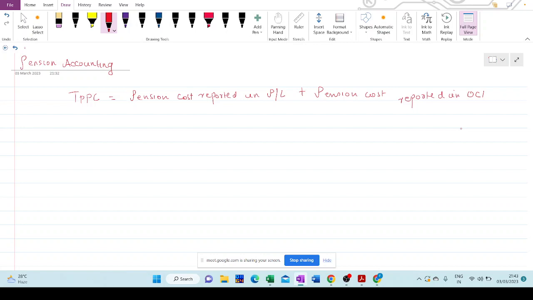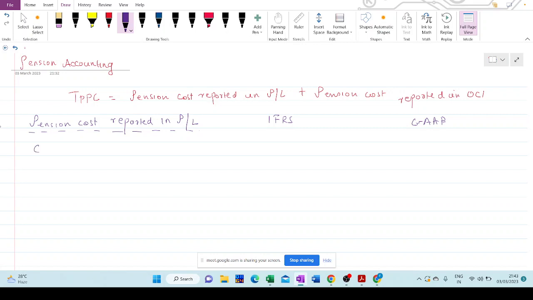Right. So let's look at what pension costs are reported in the P&L under IFRS and under GAAP.